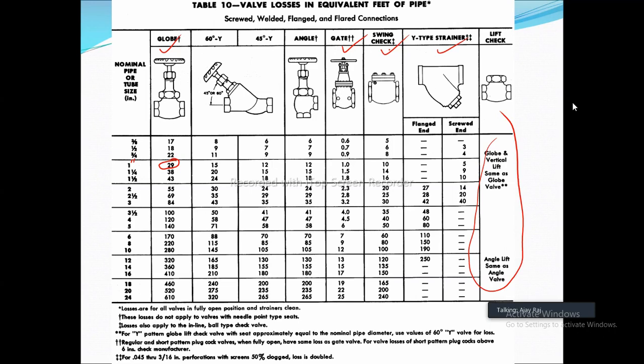So what we do is we refer to these tables and find out the equivalent length for every valve we have. When I do my calculations for selecting my pump, the first thing I have to find out is the longest path.